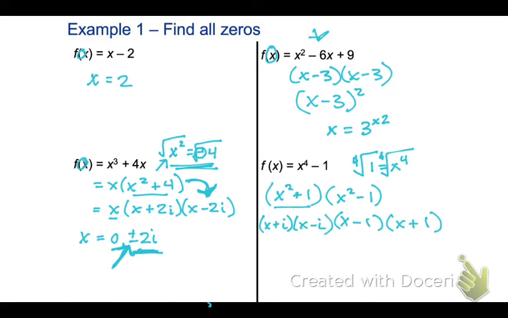So my answer is what? Plus or minus 1 and plus or minus i, because how many solutions do I have to have? 4. Now, you guys would have told me x equals plus or minus 1, yes?